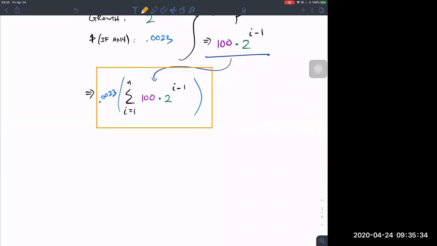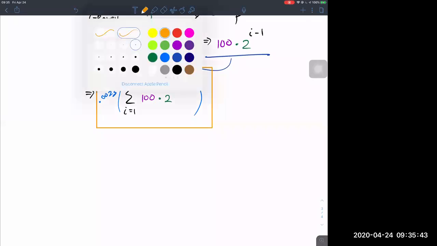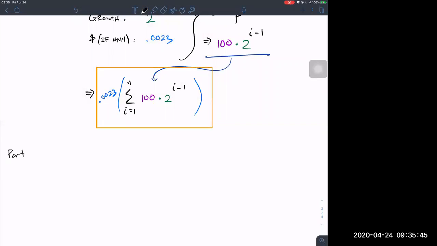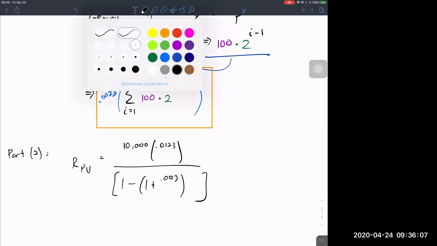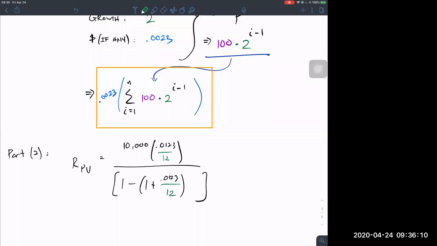The second question tells you that you have a form of a lease, but basically it's like having your own domain name, right? Let me just write out what that looks like. So it's $10,000 times 0.0123 over 1 minus 1 plus 0.0123 to the minus 600, since I said 50 years.